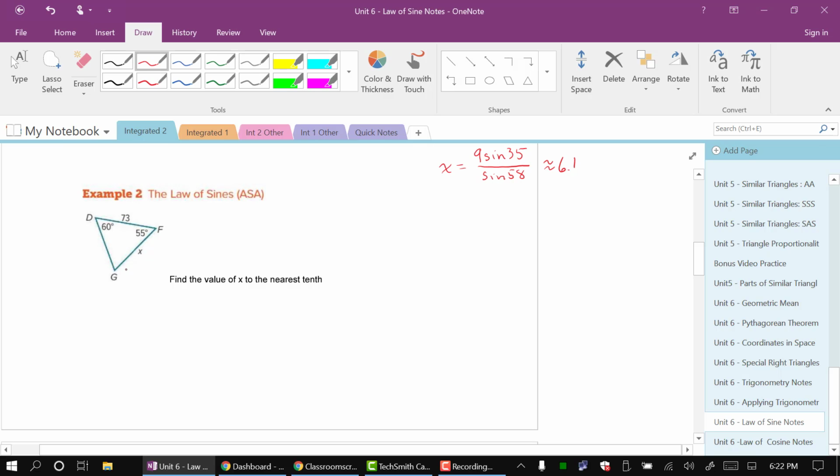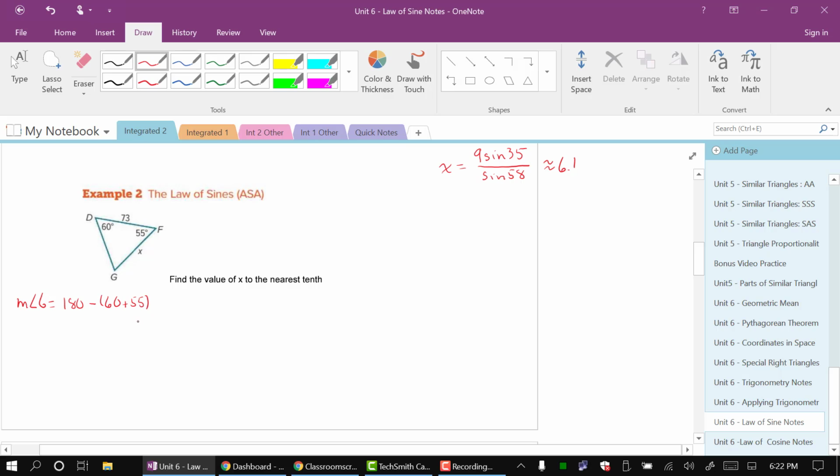When we look at this, we don't have g, but we have the number that's opposite it. We have the angle inside D, and we want to find what's opposite it. Well, I have 2 of the 3 angles, so I can use the angle sum theorem to find the measure of angle G. So the measure of angle G equals 180 minus the 2 smaller angles added together, 60 plus 55.